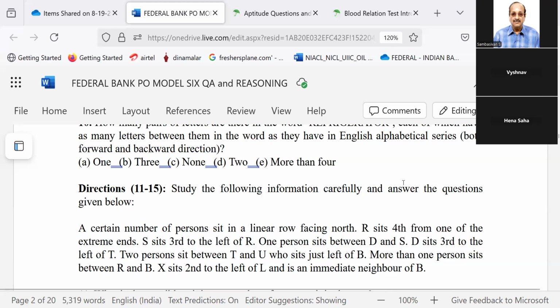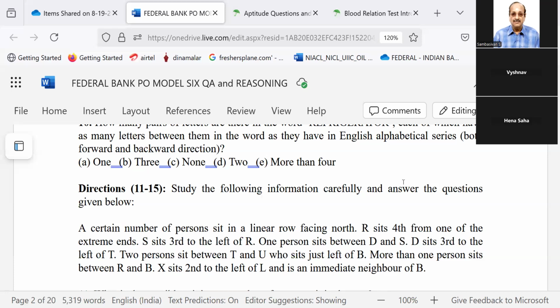So this is the only option. That is, R is fourth from left and D is sitting left of him. Then D sits third to the left of T. That means T will now be sitting second to the right of R.